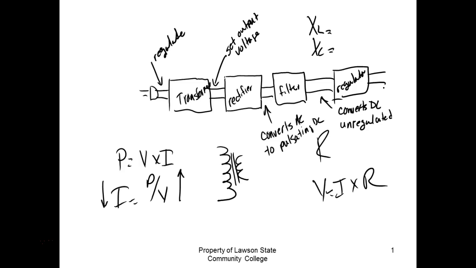Filters. The normal filter that we use in a linear regulator is a capacitor. And what are the two major ratings on a capacitor? Every device has at least two major ratings that if you exceed, you're going to cause problems. The two major ratings on a rectifier diode are its breakover voltage and its current. Right? The two major ratings on a capacitor are what?